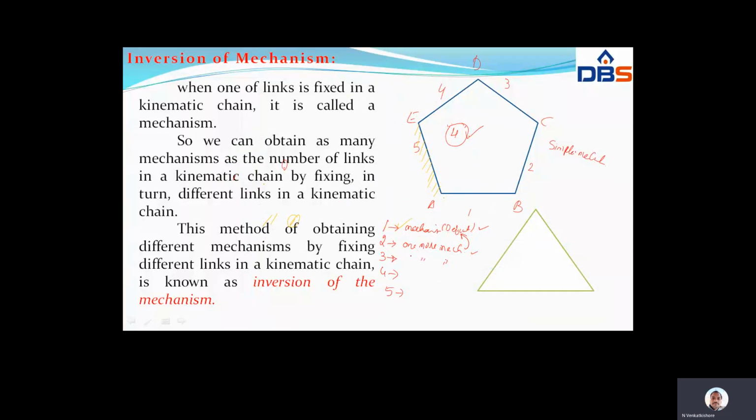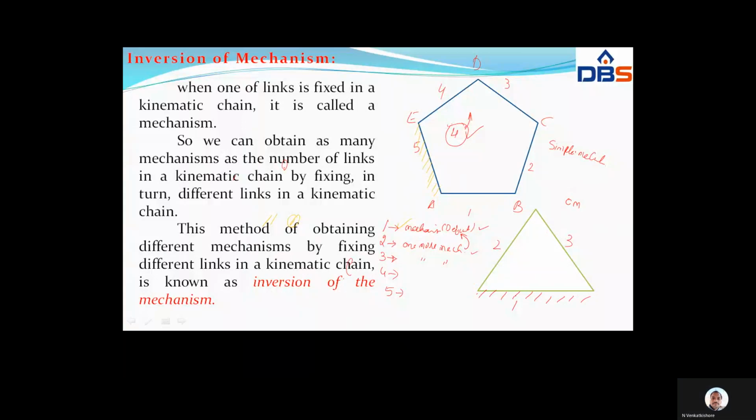Inversion means the modification of the original mechanism. So this method of obtaining different mechanisms by fixing different links in a kinematic chain is known as inversion of mechanism. Here also the same thing: this is link 1, this is 2, this is 3. By simply fixing the first link, we receive a mechanism, that is the original mechanism.